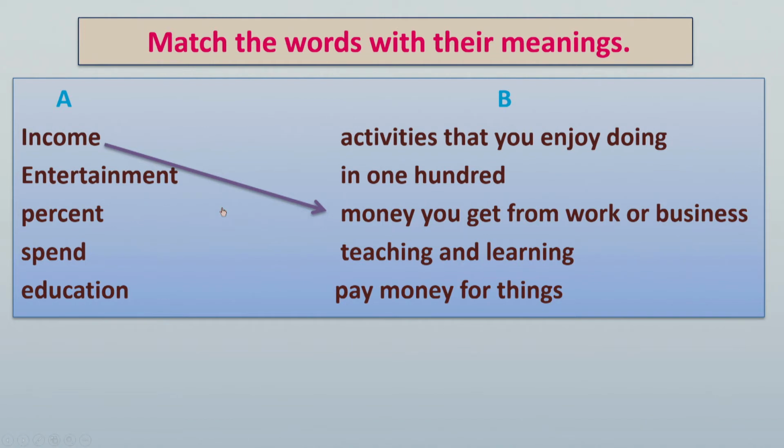Alright. Likewise, what is the correct meaning of the word entertainment? Entertainment. So which one? Have you finished? Good. Now you can check the meaning with me. And its correct meaning is, yes, activities that you enjoy doing. So any activity that you do to enjoy, that is what entertainment is.